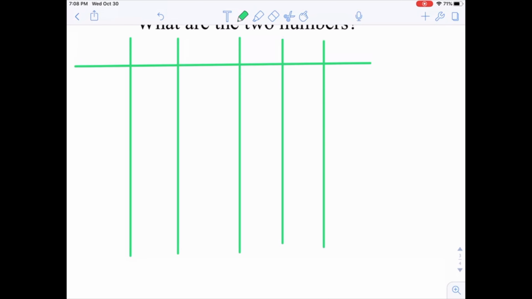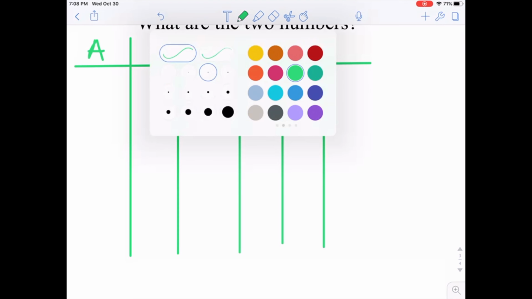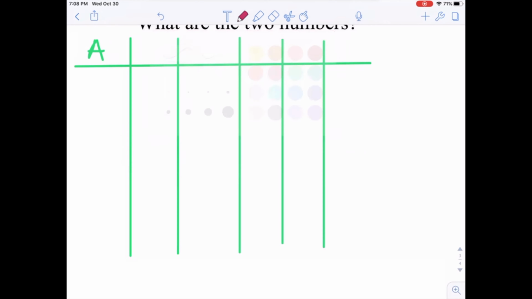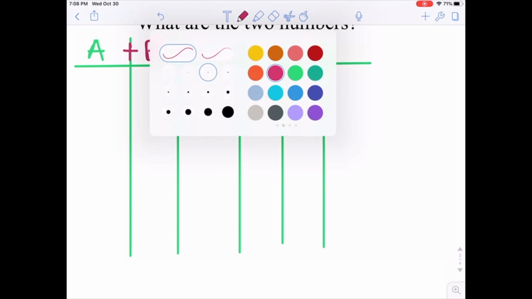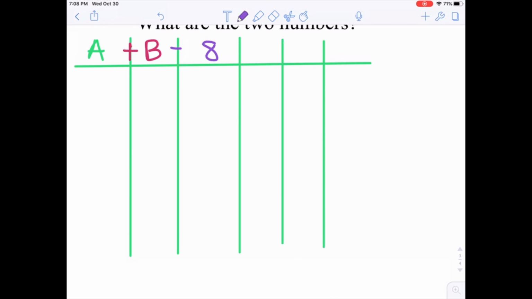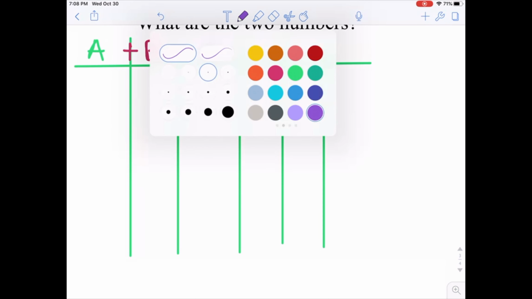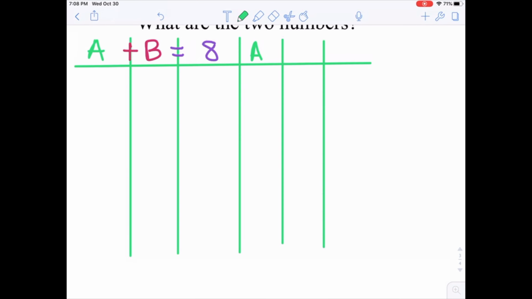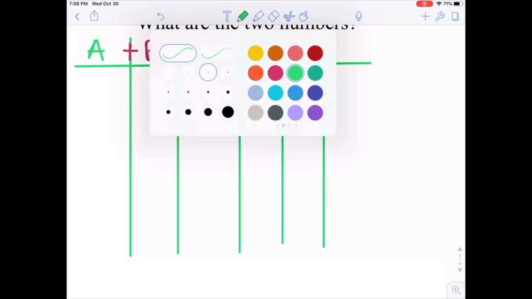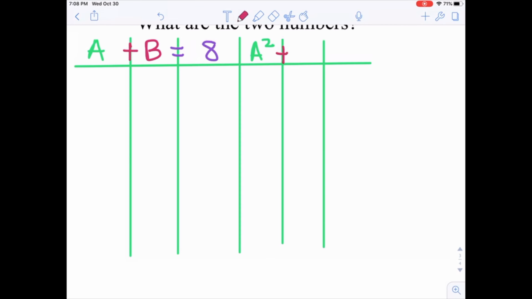In this first box, it's going to be number A plus number B, so that it gives me 8. And then in the second set of boxes, it's going to be A squared plus B squared, with the goal of giving me 34.